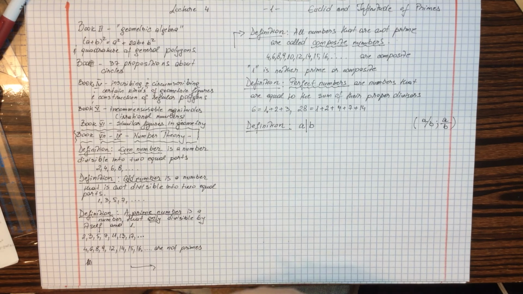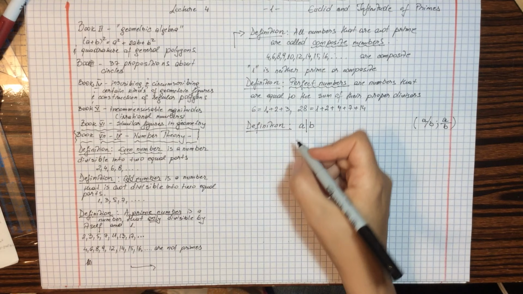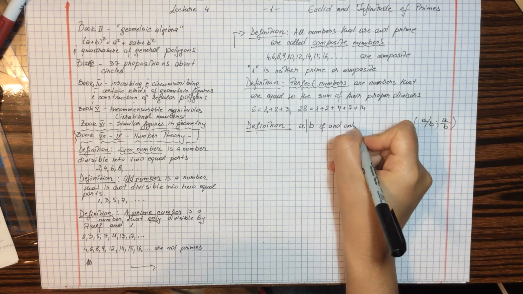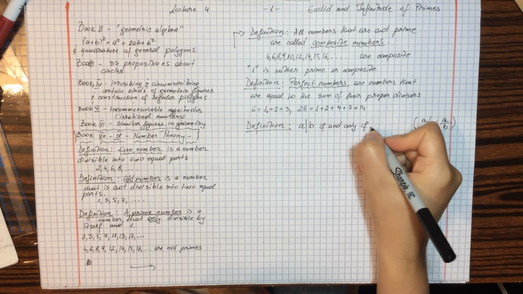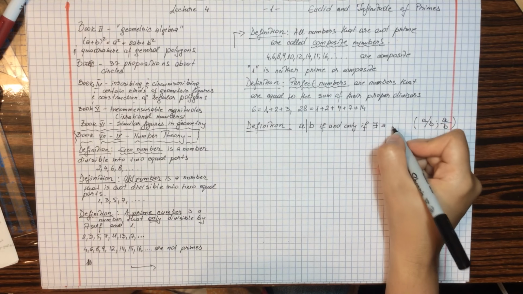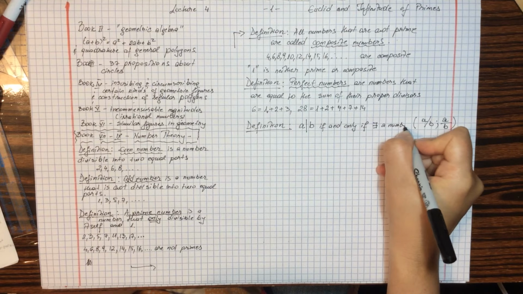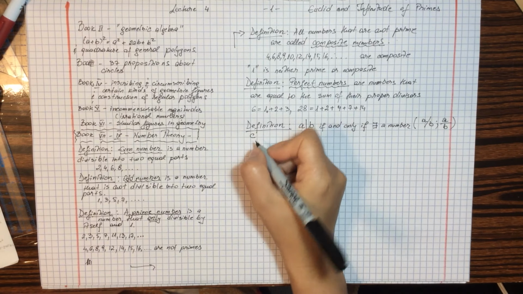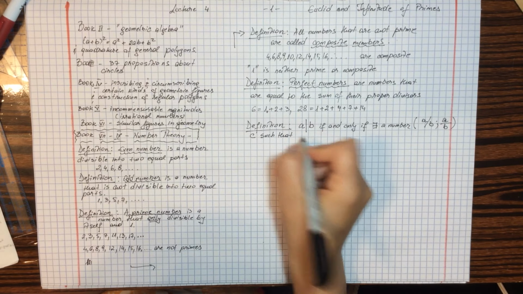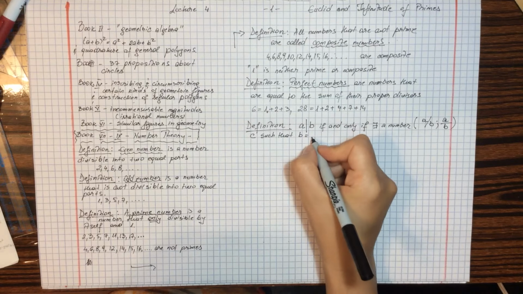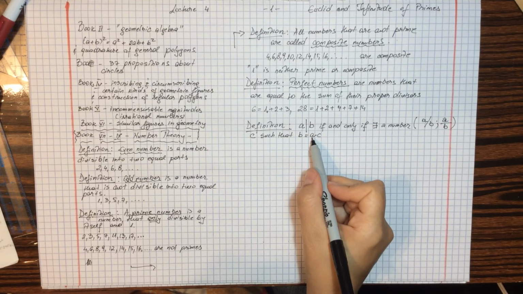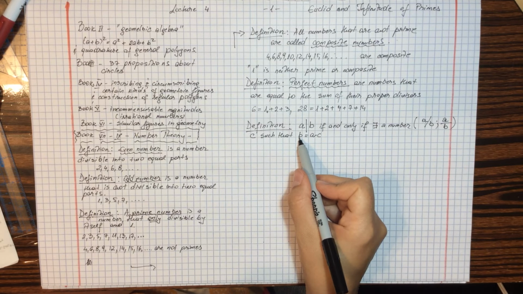This means A divides into B in the sense that A divides evenly into B if and only if there exists a number C such that B can be written as A times that number C. In this case, we say that A divides into B evenly.